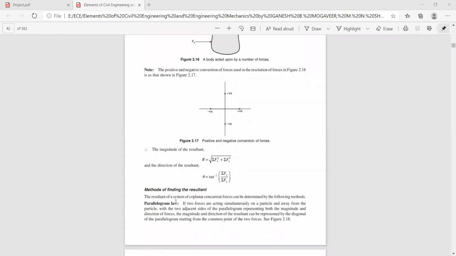Now let us make the statement of the law of parallelogram of forces.